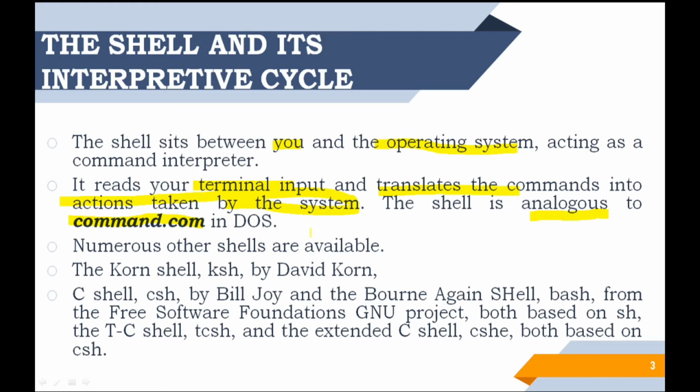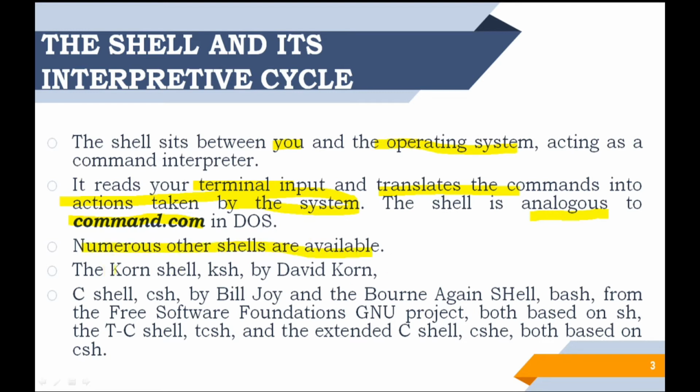The original shell was the Bourne shell, which we also call sh. Every Unix operating system will have either the Bourne shell, that is sh, or a Bourne compatible shell available. There are numerous other shells also available.